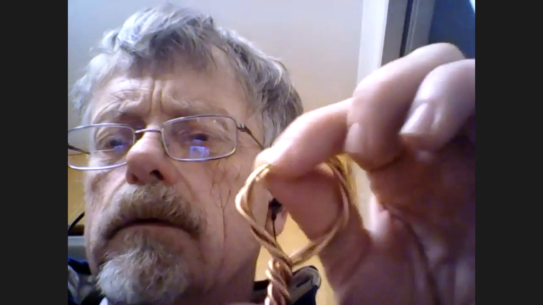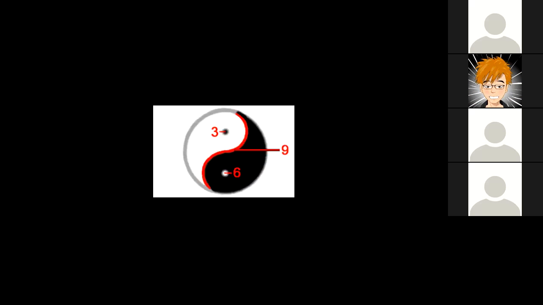Now, let's see if I got one more picture to share with you guys on this one. We're just about to the end. Yeah, I've got 2 more. 369 can also be represented in the yin and the yang.